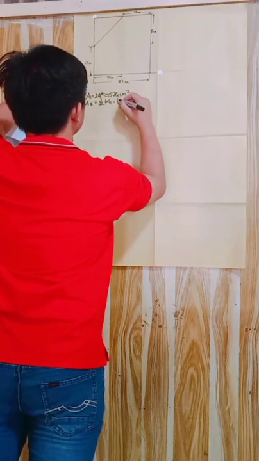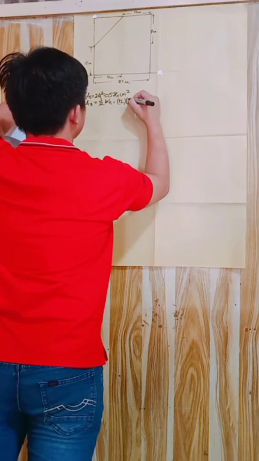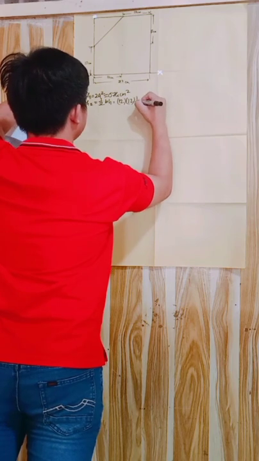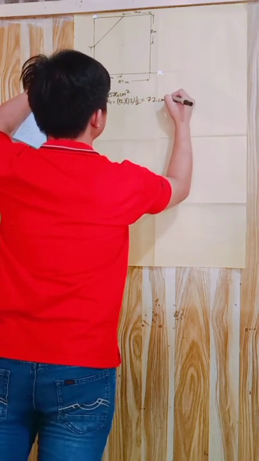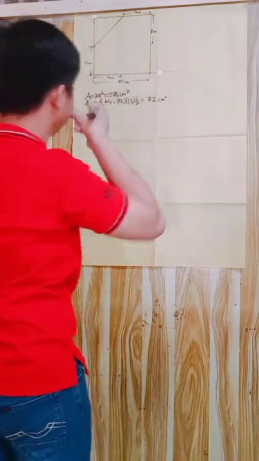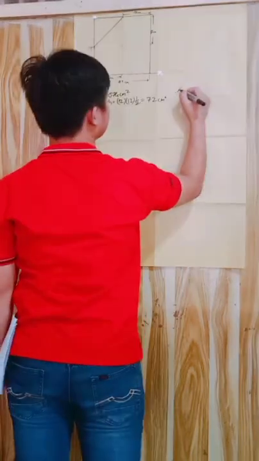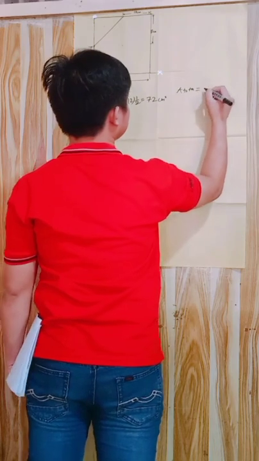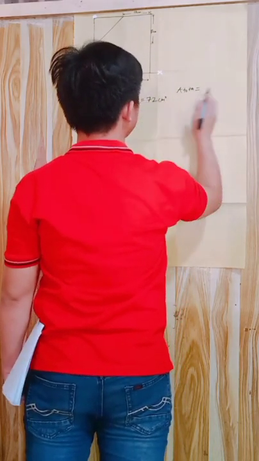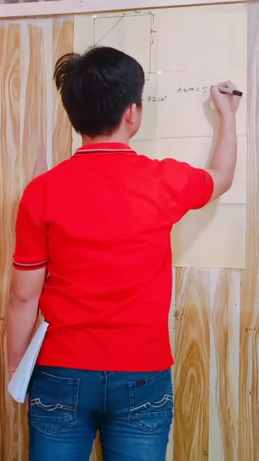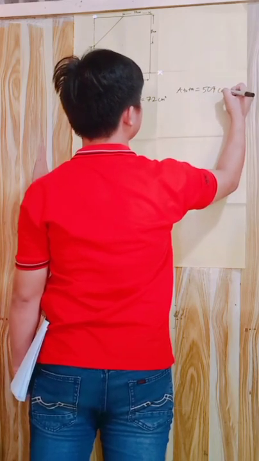Base is equal to 12 times height times 1/2 is equal to 72 centimeters squared. Area total is equal to 576 minus 72, which is equal to 504 centimeters squared.